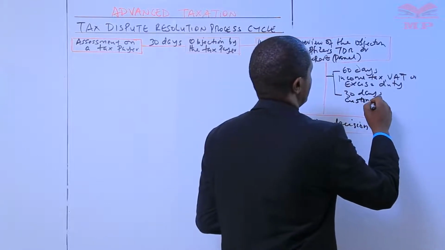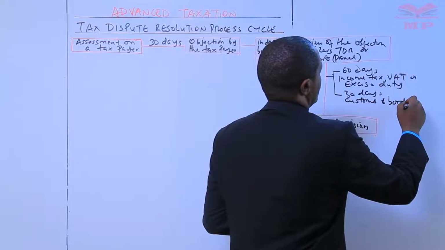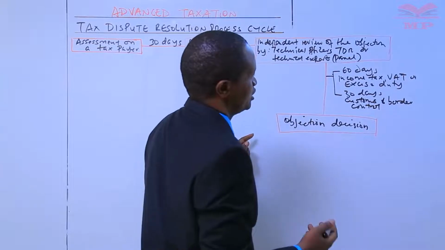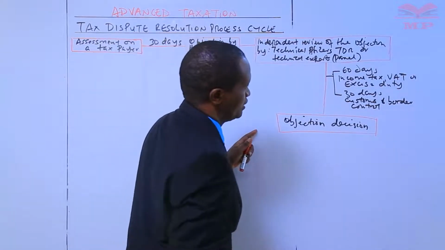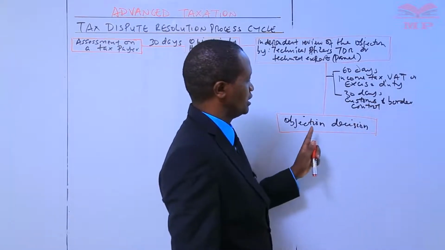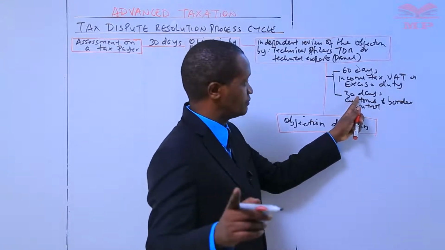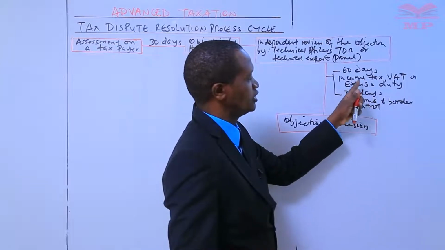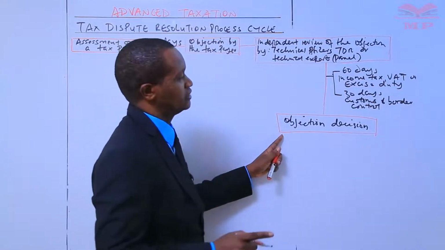If the objection is raised on the basis of an assessment in relation to customs and border control, then the objection decision should be communicated within 30 days to the taxpayer. If it is a matter relating to income tax, VAT, or excise duty, then the timeline is 60 days.